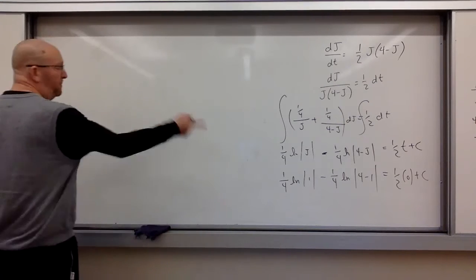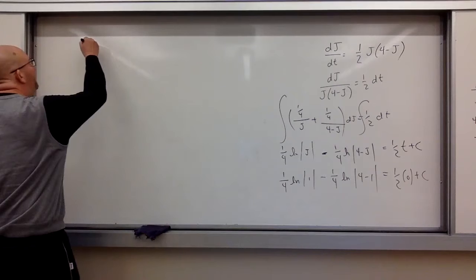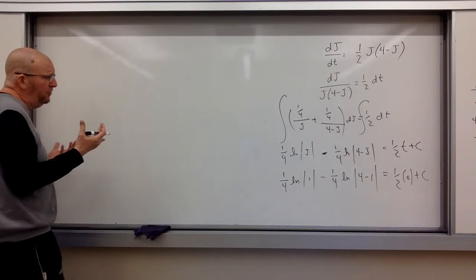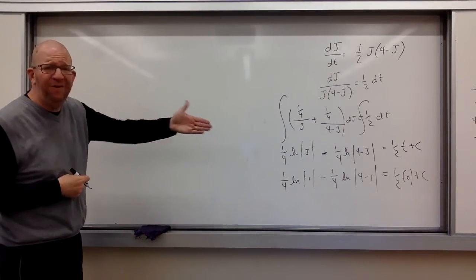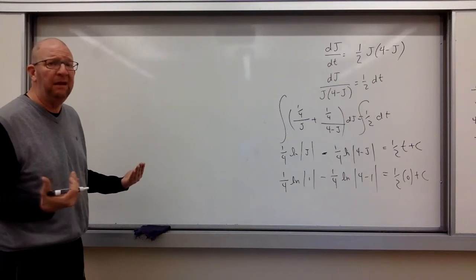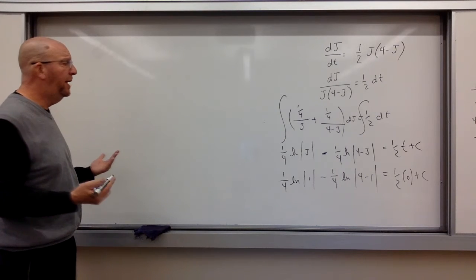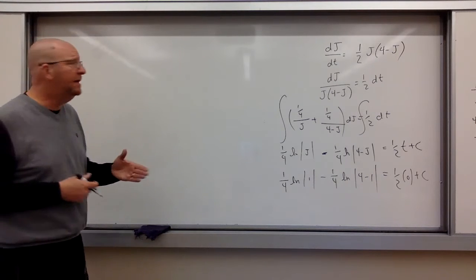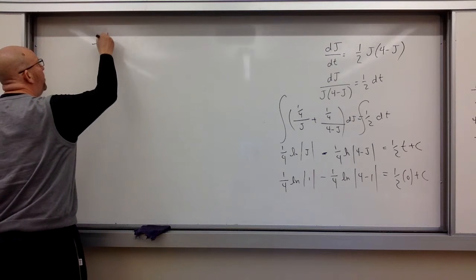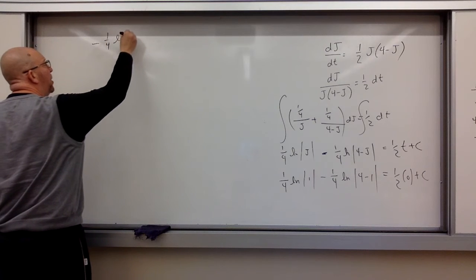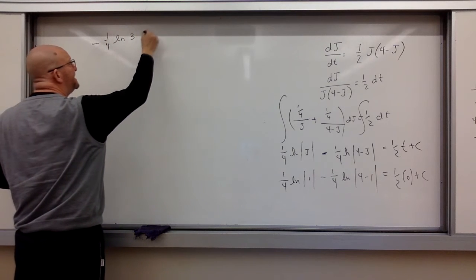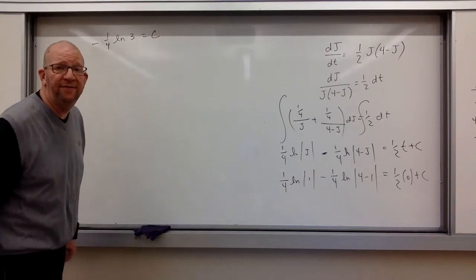Here we go. 1/4 natural log 1, that's 0. Minus, now, here's what we can do. I got a minus 1/4 natural log 3. Okay? I'm cool with that. And that's going to be my c, so minus 1/4 natural log 3, because that's 1/2 times 0.